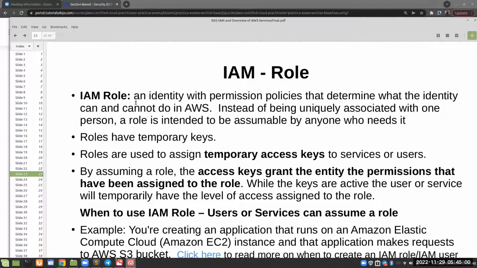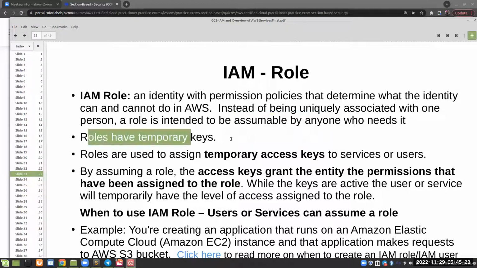And this is what we said. IAM role, an identity with permission policies that determine what the identity can and cannot do in AWS. Instead of being uniquely associated with one person, a role is intended to be assumable by anyone. Note the word assumable. So when you hear of a role, it can be assumed by anyone, right?